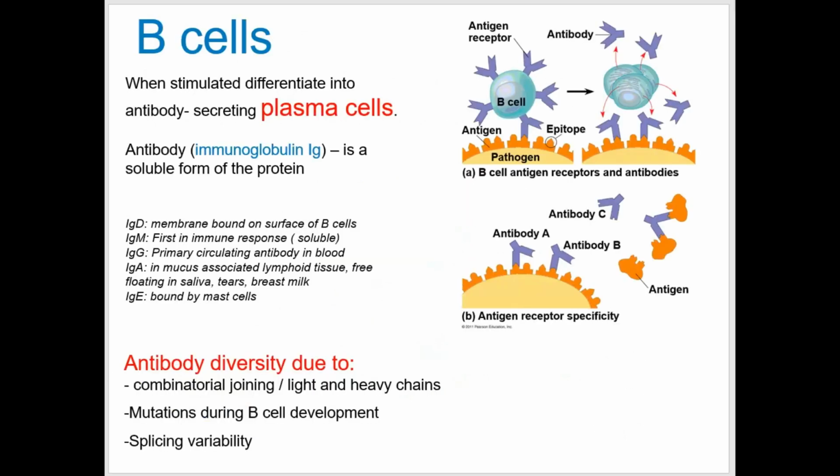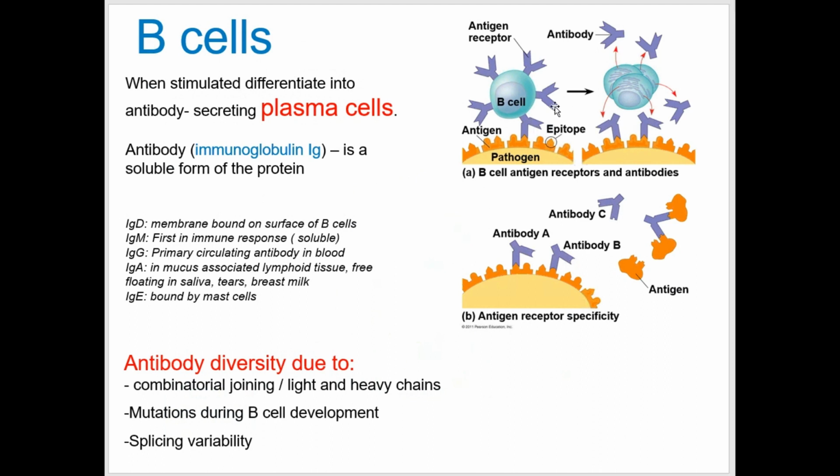Okay, so B cells have to be activated, as you saw in a previous slide, by helper T cells. When they are stimulated, they're going to differentiate into plasma cells. Plasma cells are the type of cells that are going to be secreting antibodies.